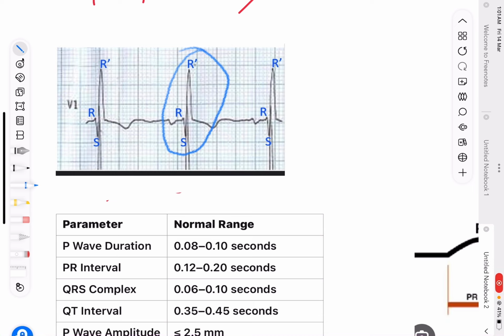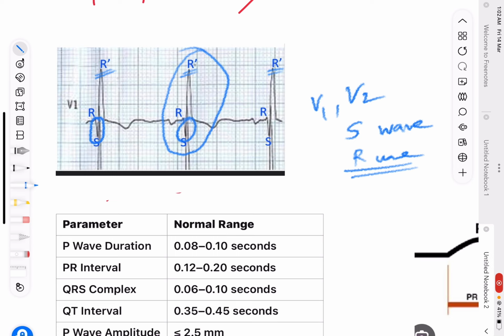This is lead V1. So in lead V1 you should not have any R dash. Why? Because in leads V1 and V2 what you see is only S wave, because R wave is absent in V1 and V2.